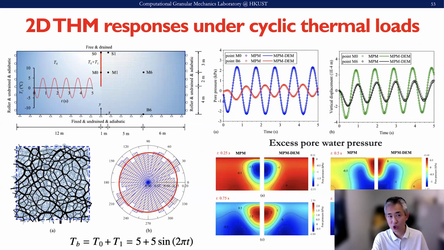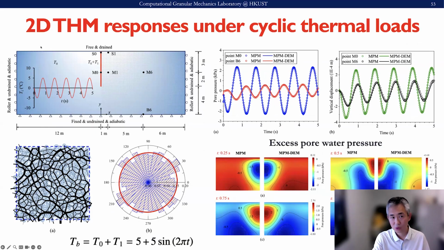This is another 2D thermal hydromechanical coupling response where we have a frozen soil domain and we insert a line thermal load, like a thermal pile. And then this thermal pile is subject to cyclic thermal loading here, and we look at the soil response.